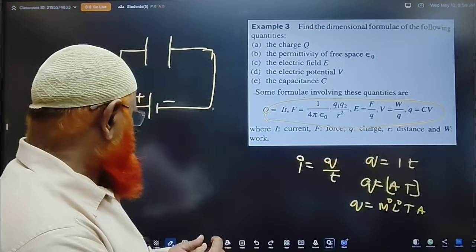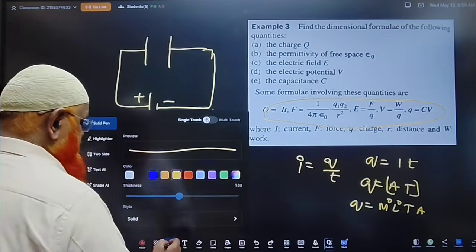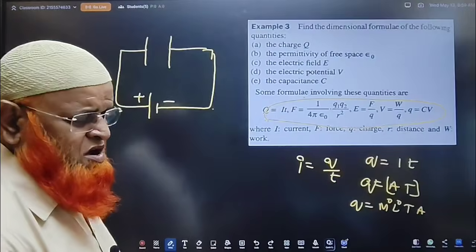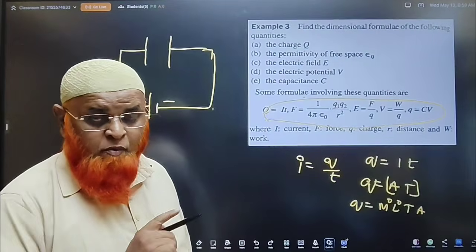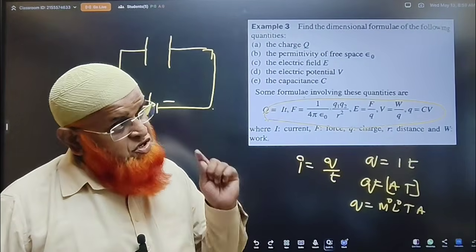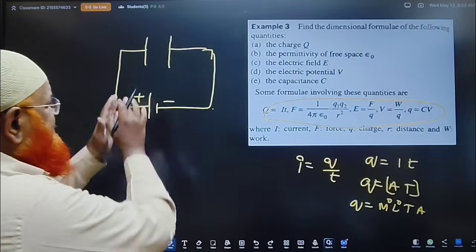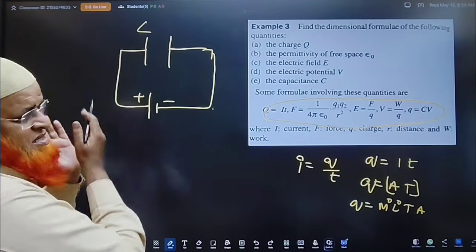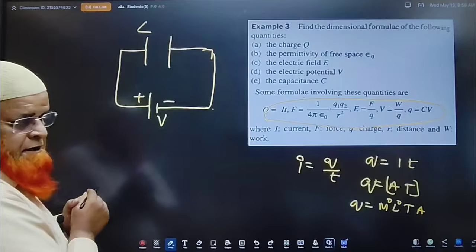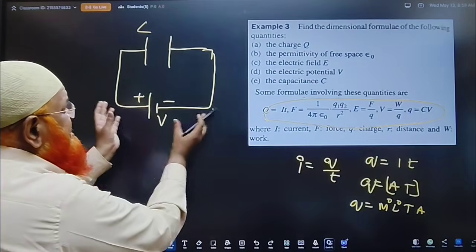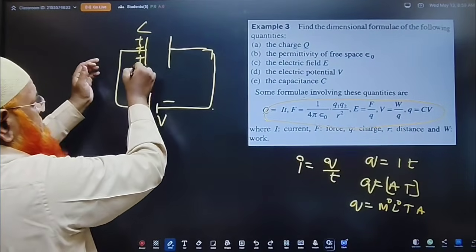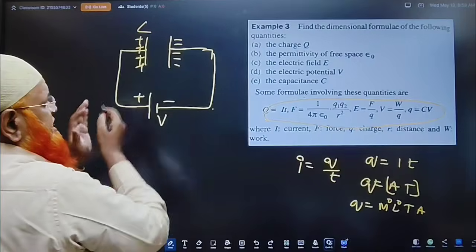So that should be the challenge. So don't think that I got 300 marks, I got 400 marks, I got 500 marks. No, how many marks you got is not important. How much you are going to get is important. Understood or not? Now just see, this is a capacitor which is having capacity C, and this is the potential here. From this battery, it will take positive charge from the positive terminal, and negative charge from the negative terminal.